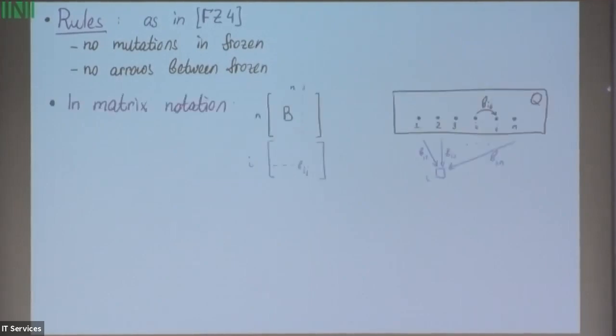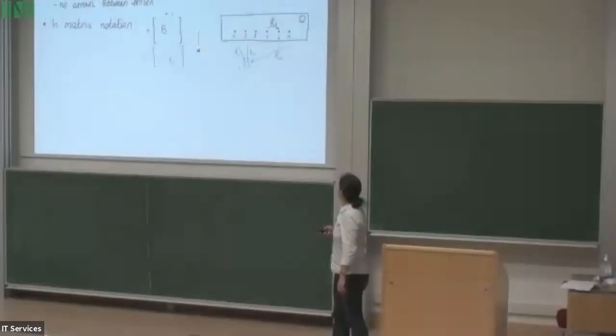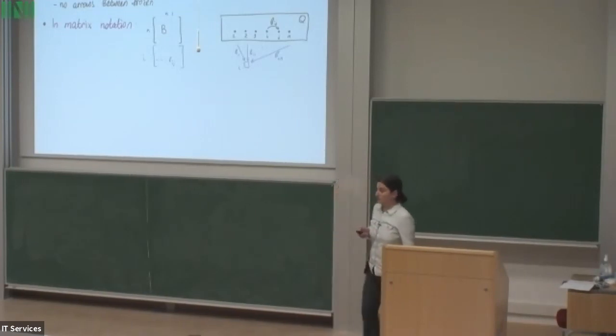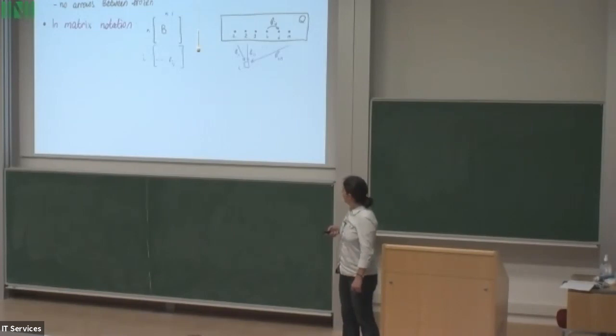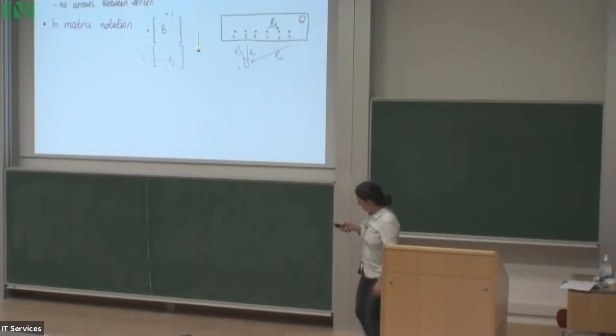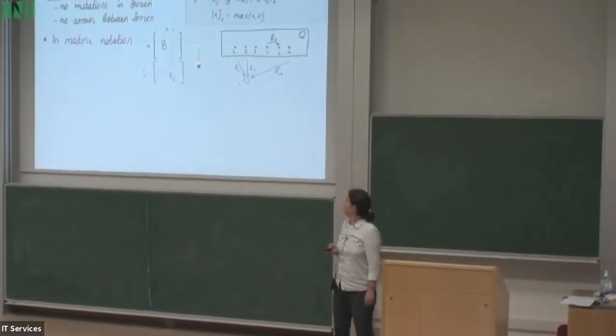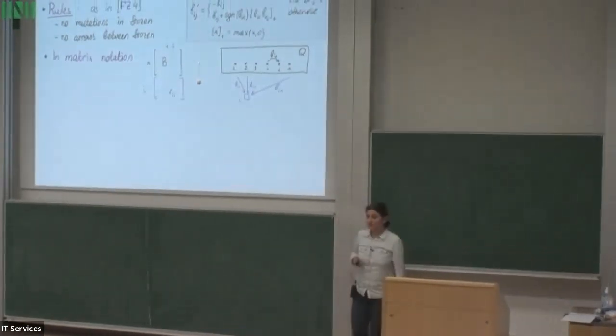And in matrix notation, we can always think that we have a big black quiver Q, and we add several frozen vertices. Each frozen vertex corresponds to some line in the extended exchange matrix. And these lines are changing by the usual rules.